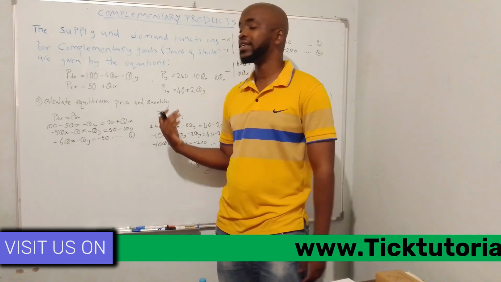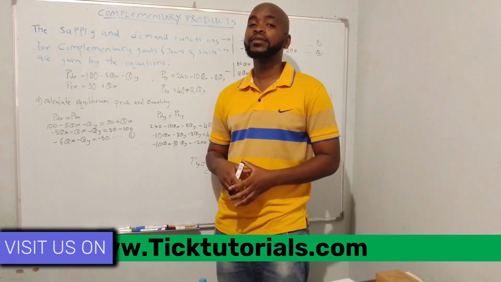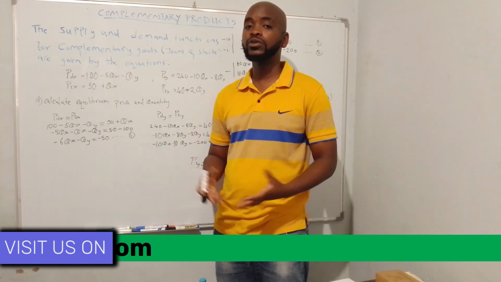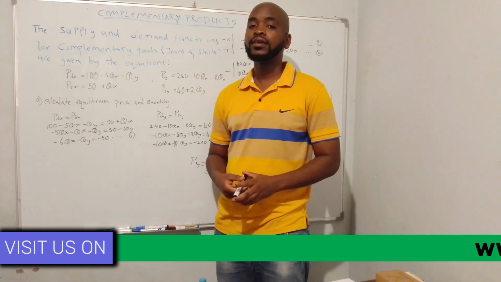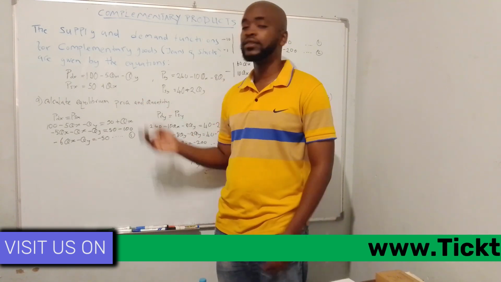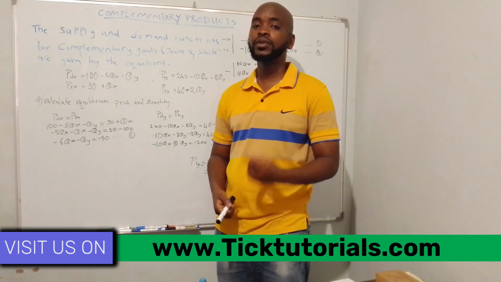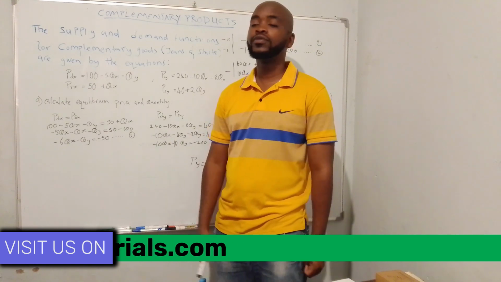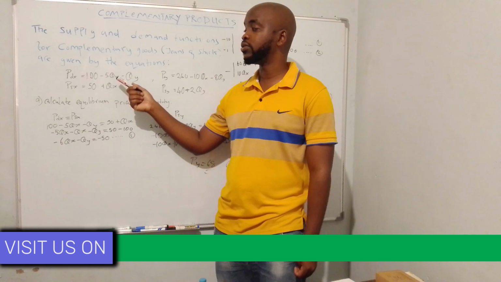Well, when you come across such a question, you need to remember that when you have two variables, they can be solved simultaneously. So that's what we're going to use. We're going to use simultaneous equations to solve these types of questions. So we have to make two equations. The first equation, we're going to make from the first product, which is good x.